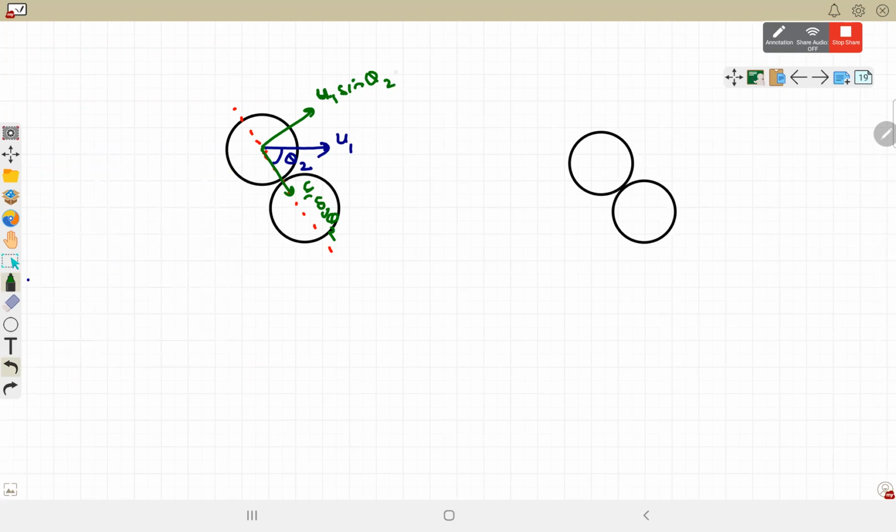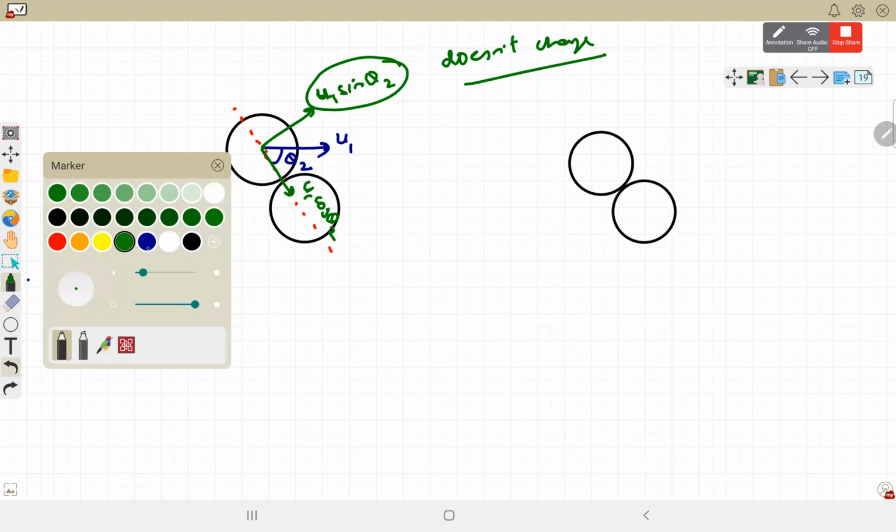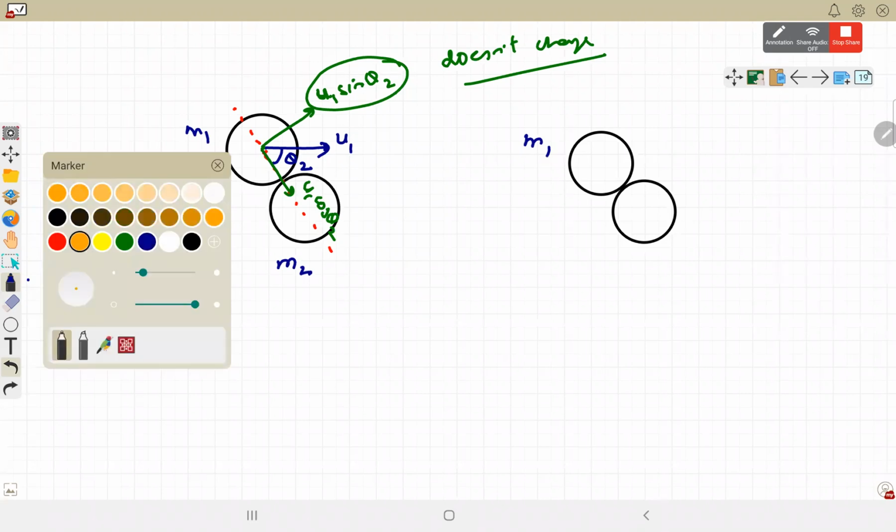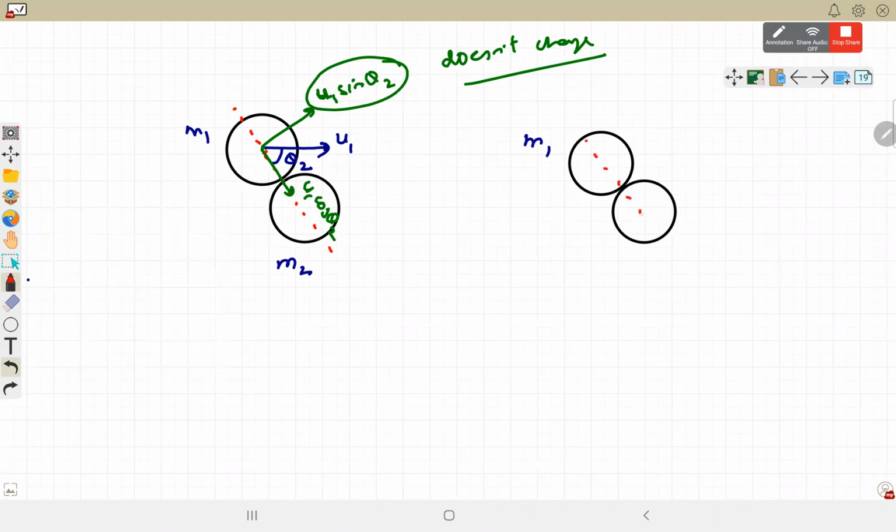So here what we say that this component which is perpendicular to the direction of collision does not change. That velocity is not going to change. इसलिए हम m1 की velocity after collision भी इस direction में same ले लेते हैं. In the perpendicular direction, the m1 velocity is going to be u1 sin θ2. m2 की velocity v2 और m1 की velocity suppose v1.